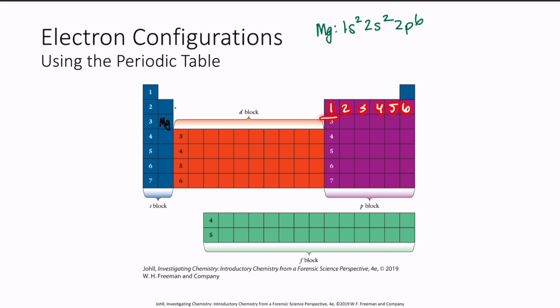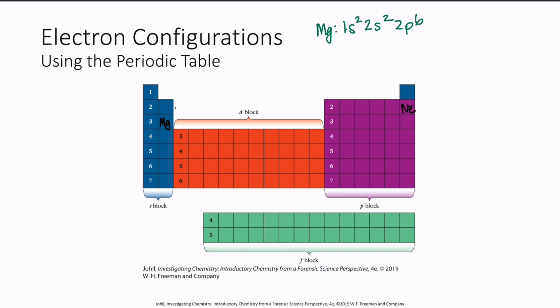I have a total of 6 electrons that can fit across the p block. Now, if we stopped here, I have 2 electrons here, 2 electrons here, and 6 electrons here. So if we added all of these up together, it would be 10. Well, what do you notice? Neon is right here. It is a noble gas and it has 10 electrons.